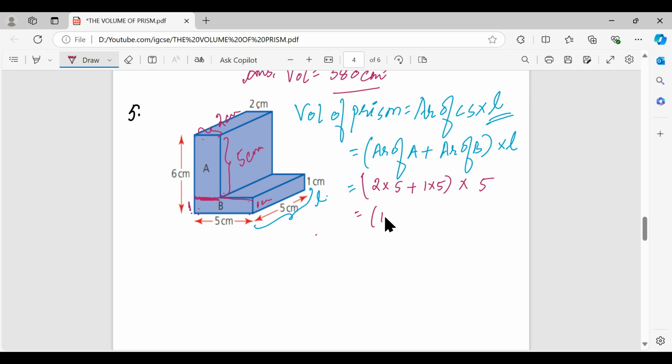So you have 10 plus 5 times 5, that is 15 times 5, which is nothing but 75 centimeter cubed. So your volume here is 75 centimeter cubed.